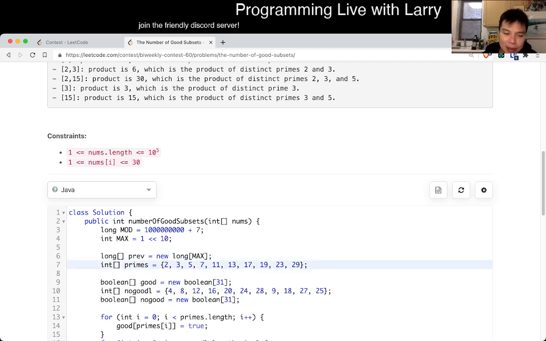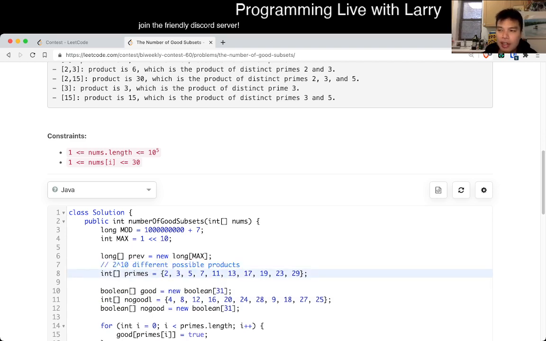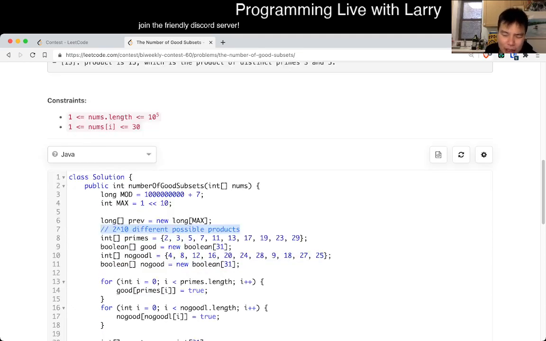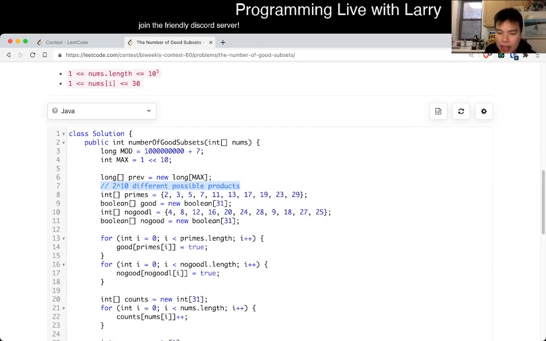So making this observation is good enough for me to get working on it, because now I can process each number using dynamic programming, and I'll go over that in a second. But this gives me an idea, right? I kind of do some additional pre-processing, which we'll talk about in a little bit.